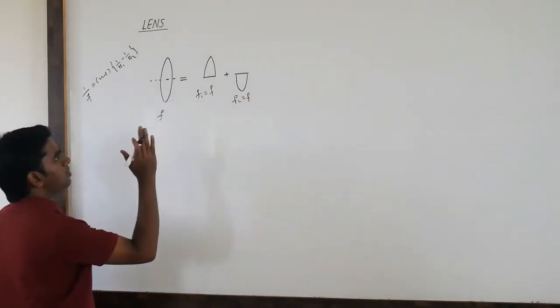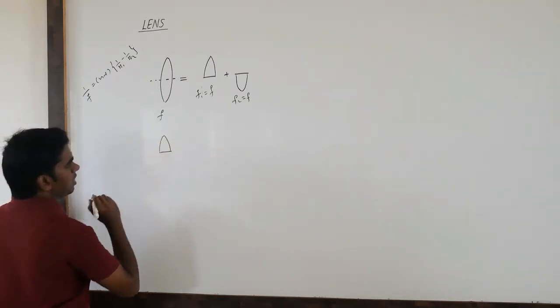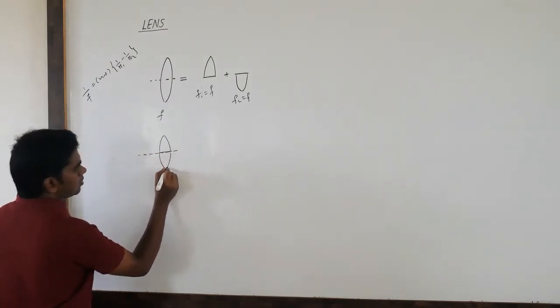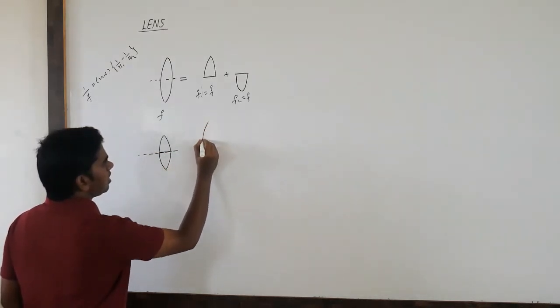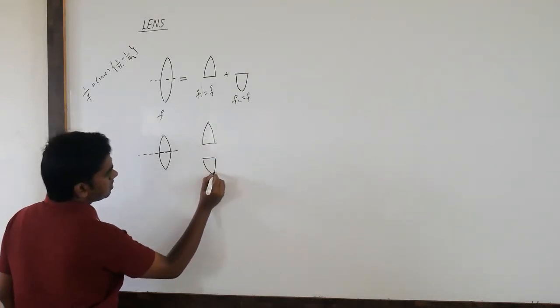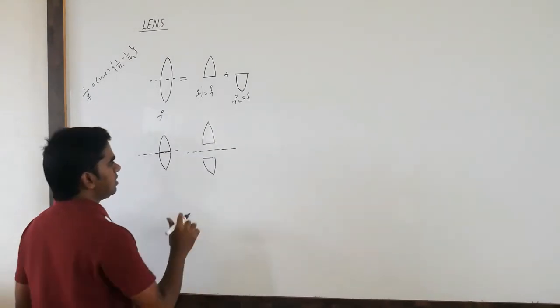Suppose you cut into two parts and separate them, and this is your principal axis. If you cut and separate them, this part comes here and another part comes a little away from the before one. But where is the principal axis now?